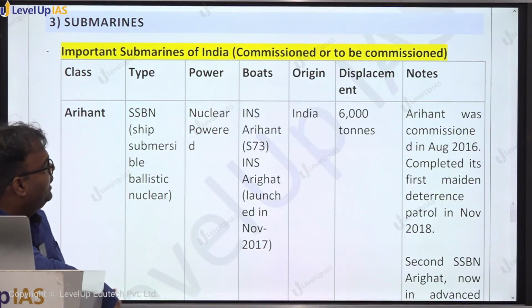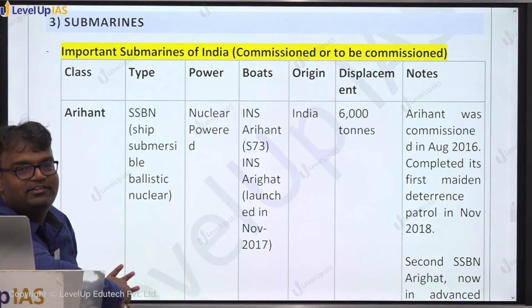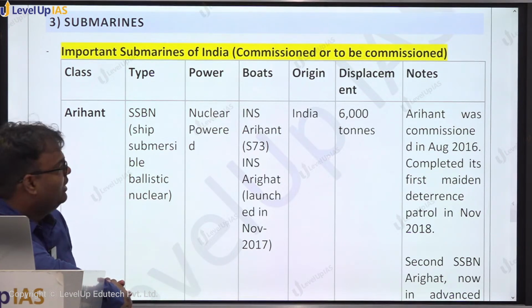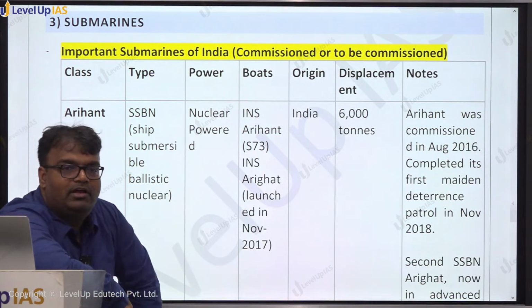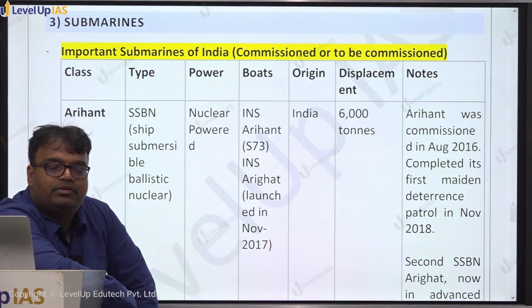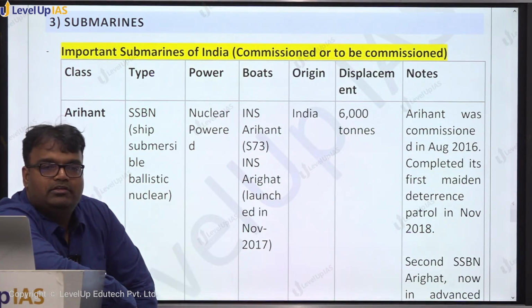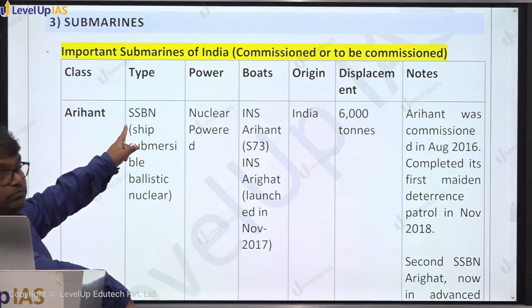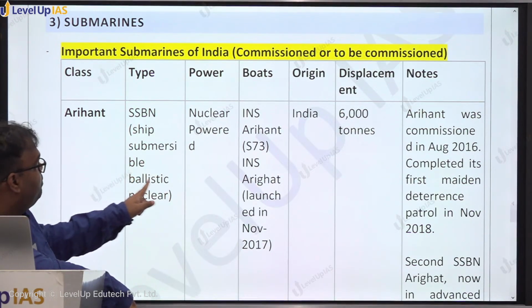तो इंडिया का अरिहंत जो है, it's a nuclear powered submarine. And because of this अब इंडिया अंडर वाटर से भी ballistic, or it is what, SSBN, ship submersible ballistic nuclear.